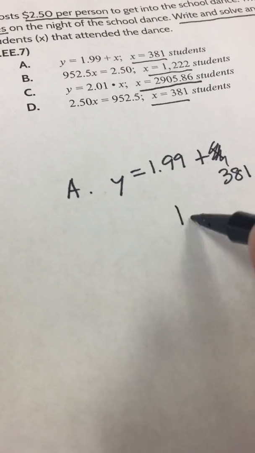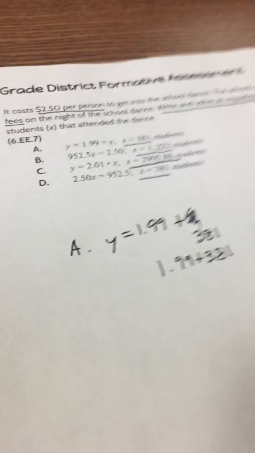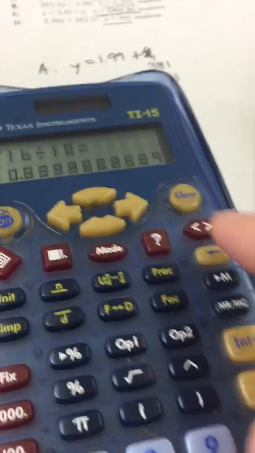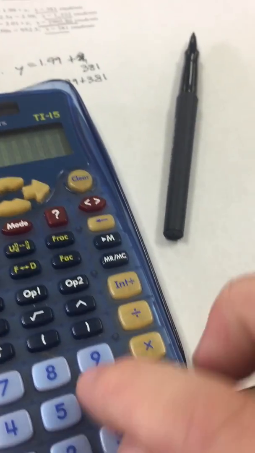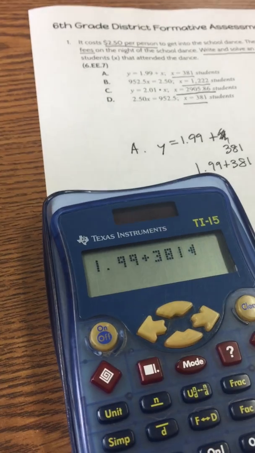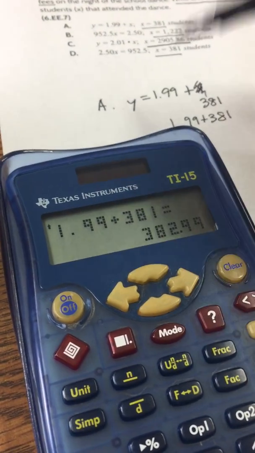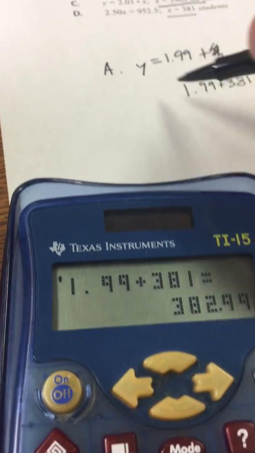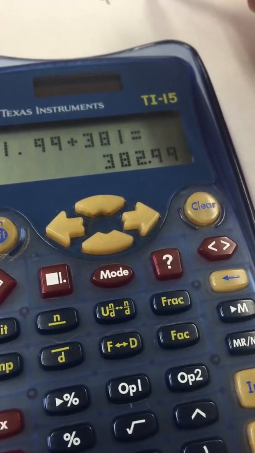So if we add $1.99 plus 381, let me grab a calculator. We're going to get $382.99. That tells us that Y equals 382.99.